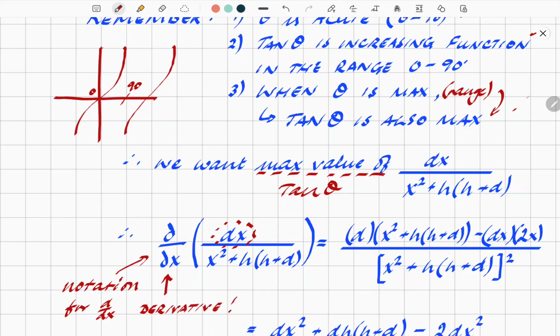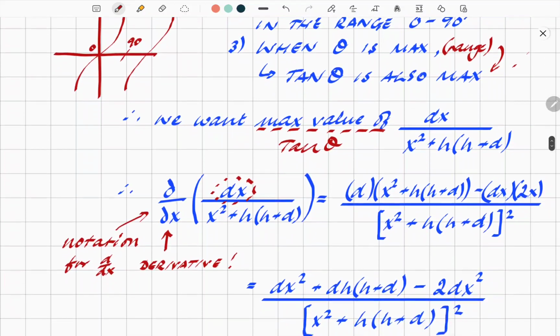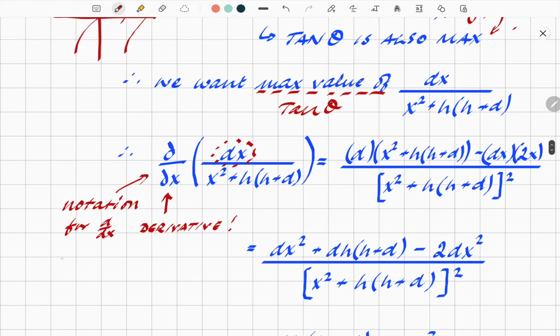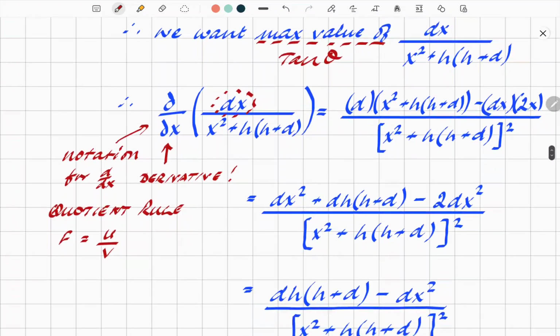Okay, right. So what is the differential of this? We're going to use the quotient rule. If your function f equals u over v, then df by dx, in this case we are using x, is going to be u v dash minus u dash v.